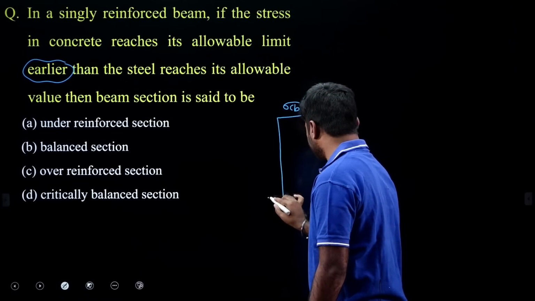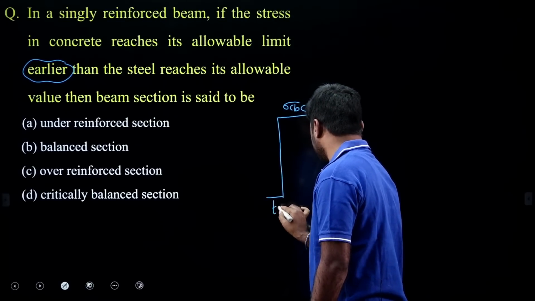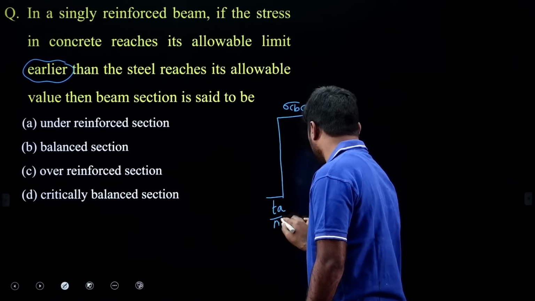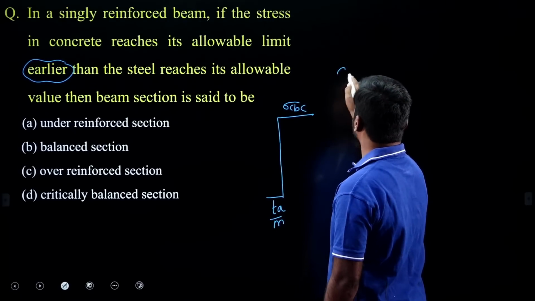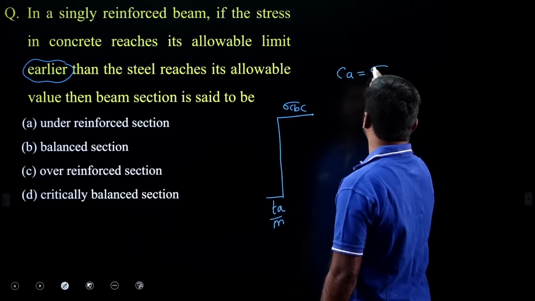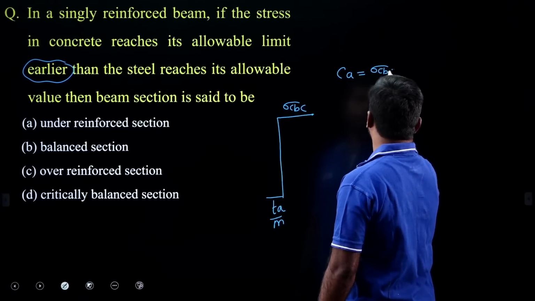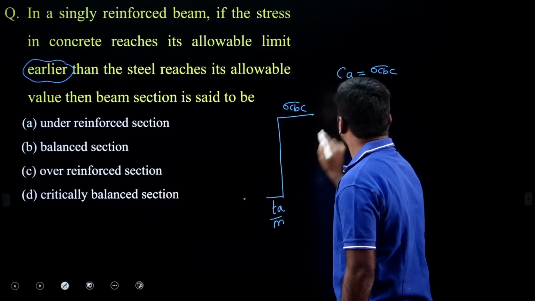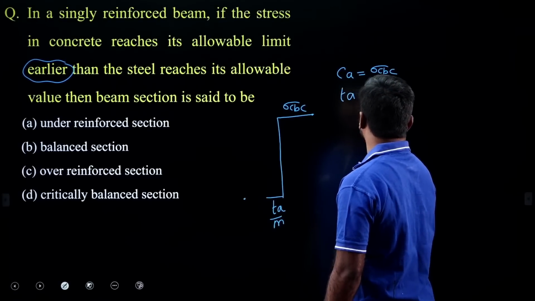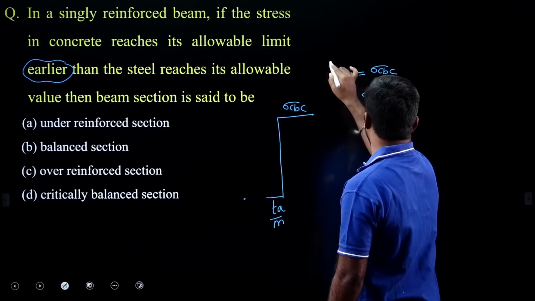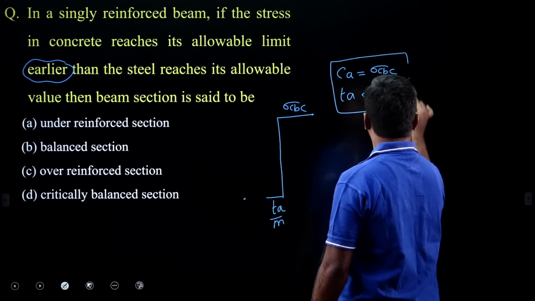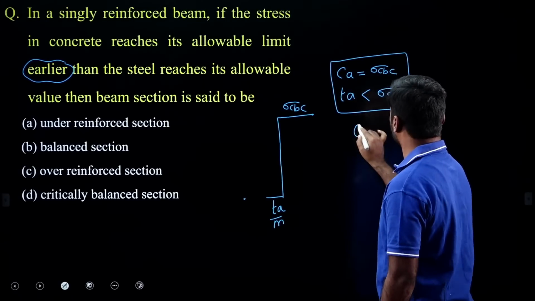By that time, stress in steel does not reach its permissible value. Now, which section is it? Actual stress in concrete reached permissible stress, but actual stress in steel does not reach its permissible stress. Which section is it? It is over reinforced section.